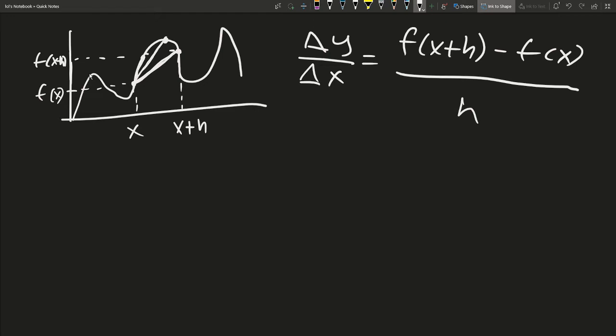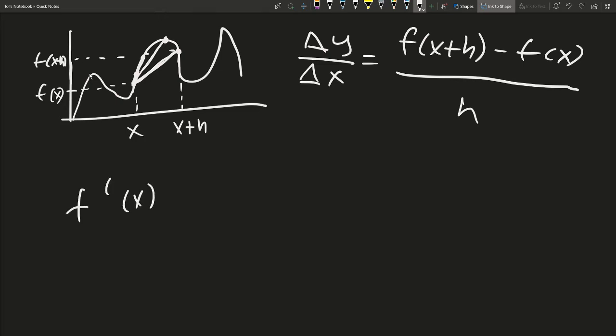As h gets smaller and closer and closer to our fixed x, it's going to get closer and closer to the gradient of the curve at the point x. So when this gets infinitely close to x, that's going to give us the gradient of the curve at x. This is how we define the derivative.